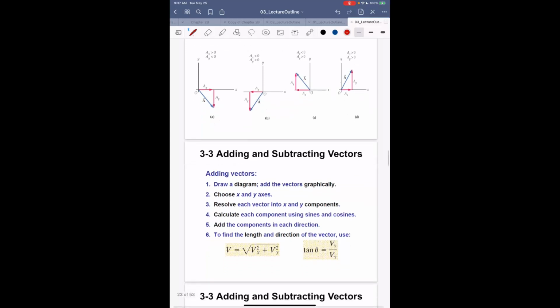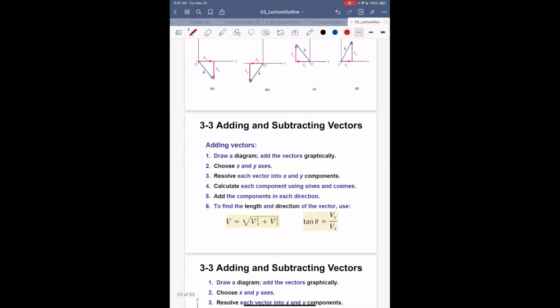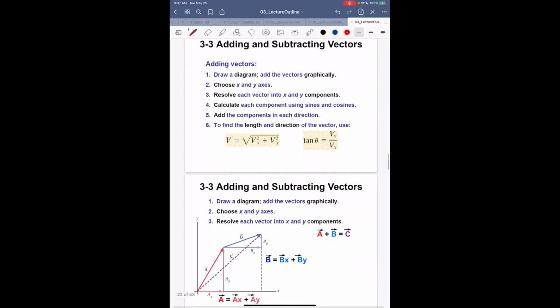Then to find the magnitude of the resultant, you use the Pythagorean theorem, V equals the square root of Vx squared plus Vy squared, and tan is used to find the angle.